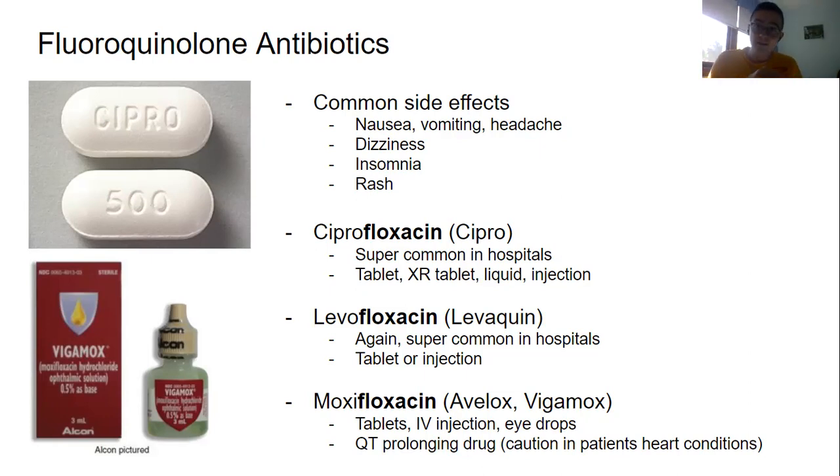Now, your heart should be beating in a regular QT interval, meaning the waves should go up at a certain point, and each of these points has a letter assigned to them, and those letters determine if your heart is beating regularly or irregularly. If it is prolonged, then that puts you at risk for potential dangerous heart conditions like a heart attack or high blood pressure, other issues. So you have to be cautious, especially in patients with heart conditions, when prescribing moxifloxacin.